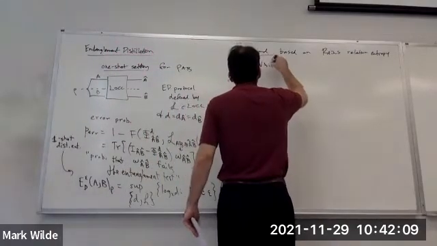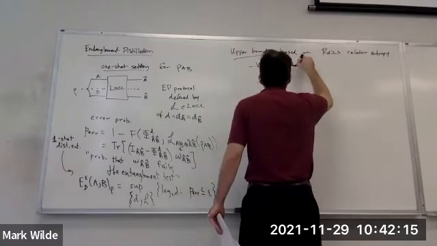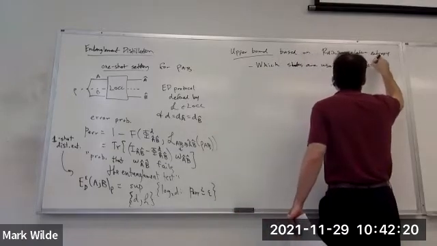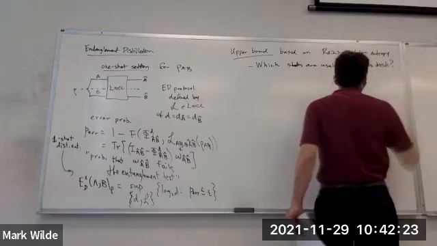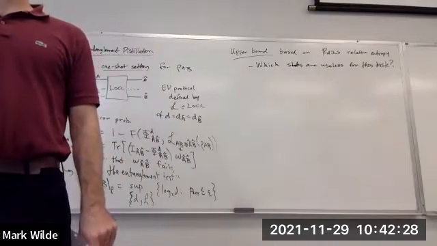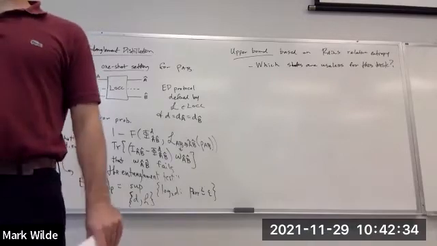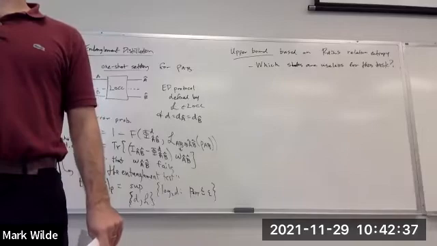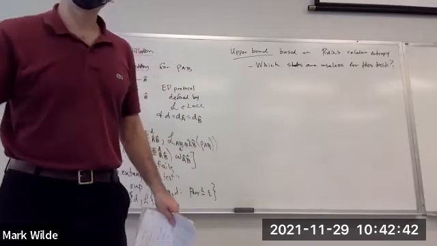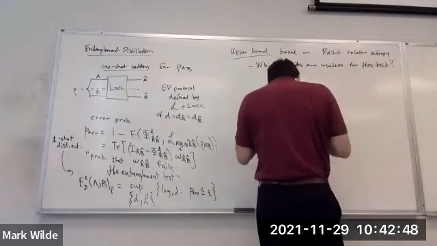The first question you should think about when trying to get any upper bound is which states are useless for this task. Connor is going to give a presentation on resource theories, and this same concept is there when you're trying to get upper bounds in general resource theories. You have to think about which states are not resourceful for the task at hand. So which states are useless? Sorry, I said separable states.